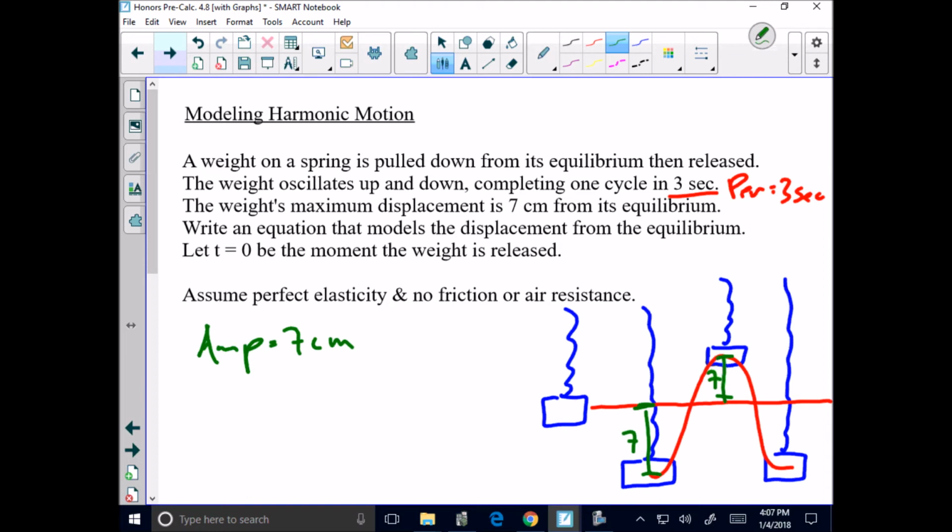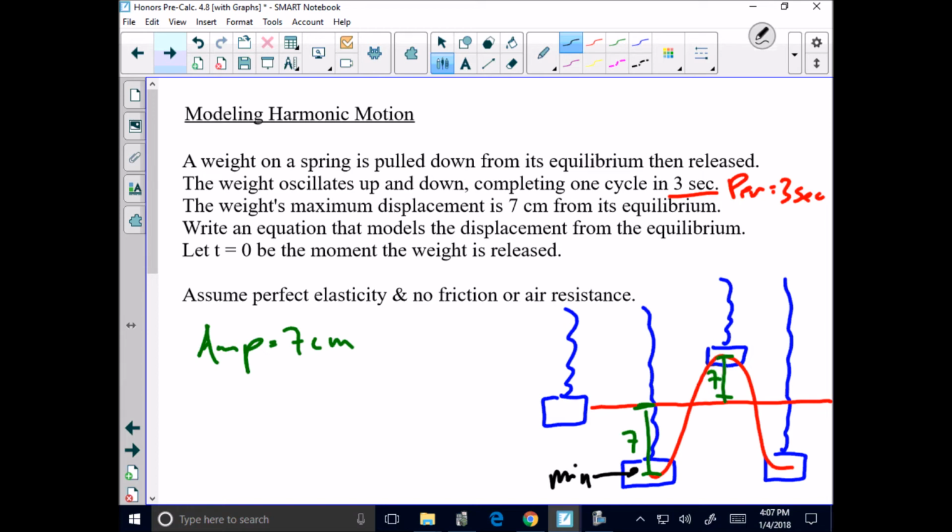Now, finally, what we're told is that we want to write an equation that models the displacement from the equilibrium, and we're going to let t equals 0 be the moment the weight is released, right? So if t equals 0 is the moment the weight is released, then we're actually starting at a min, right? We're starting at a most negative displacement from the equilibrium, right?